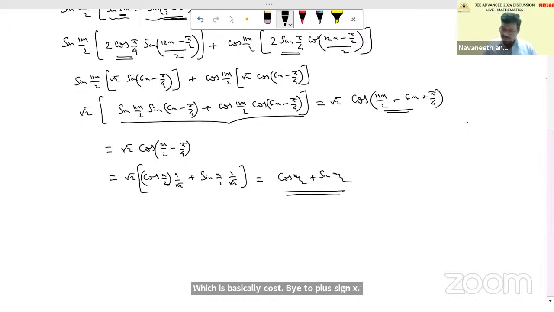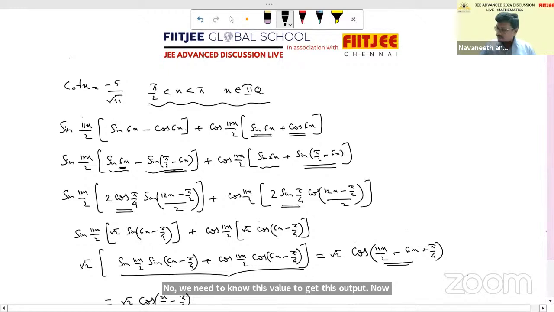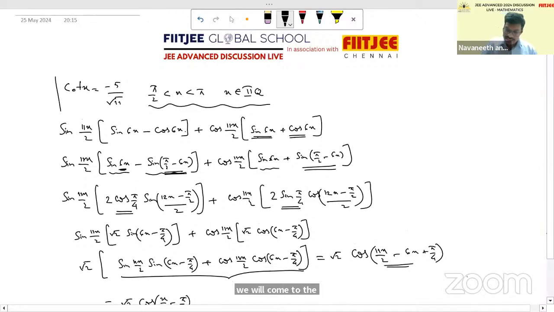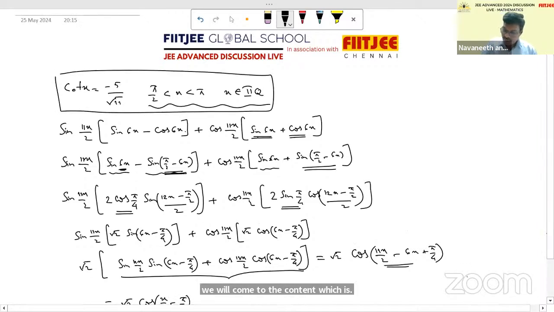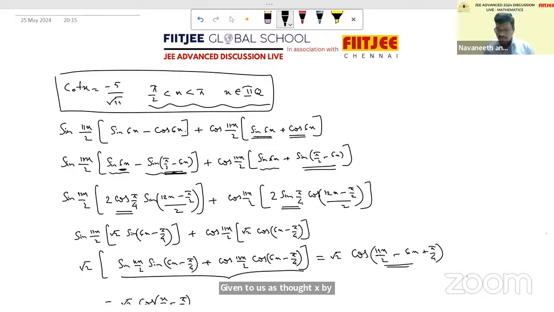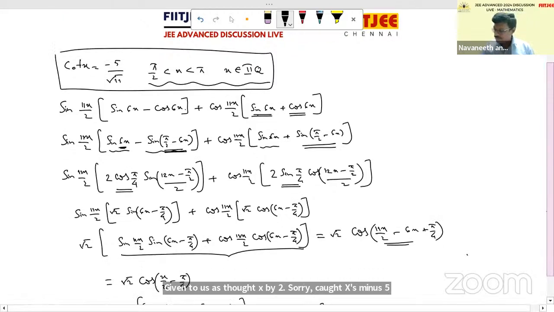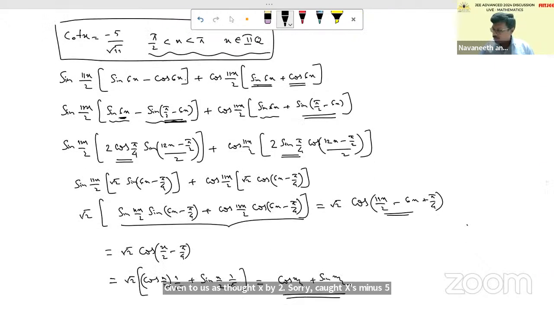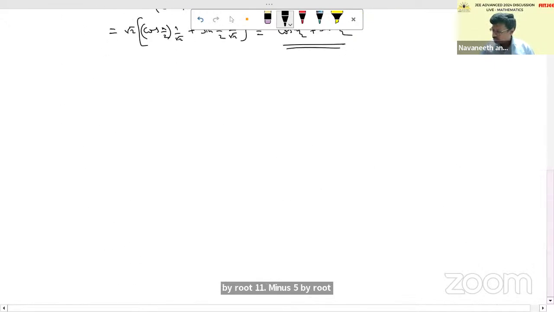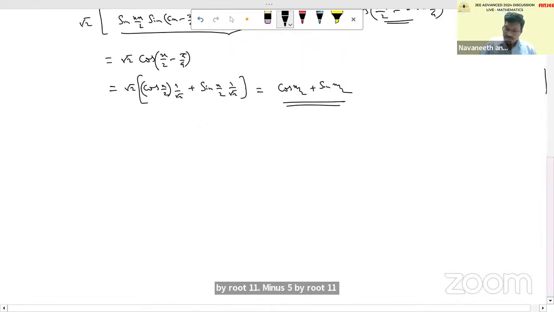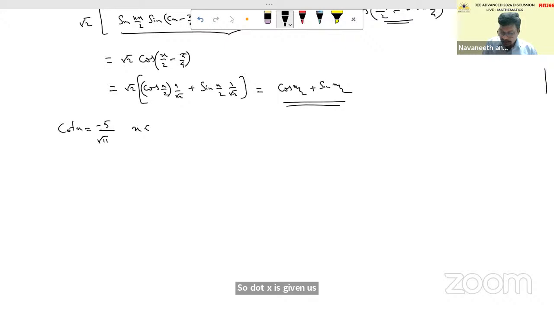Now we will come to the content which is given to us as cot x. Sorry, cot x is minus 5 by root 11. So cot x is given as minus 5 by root 11.